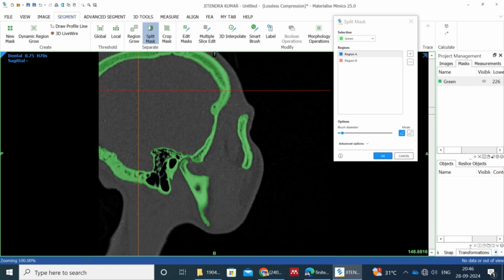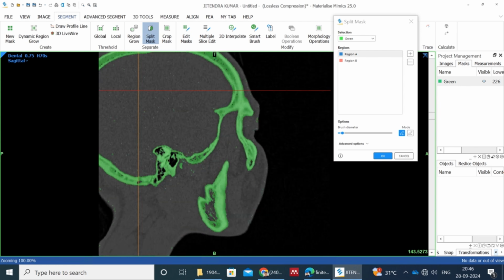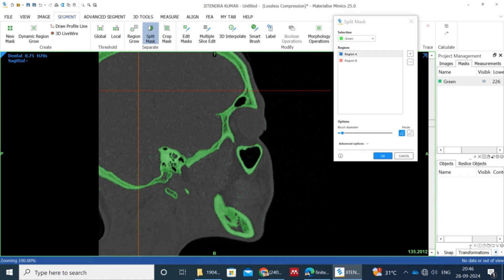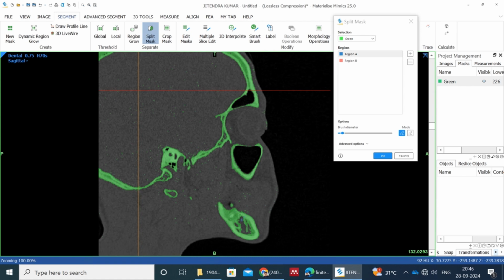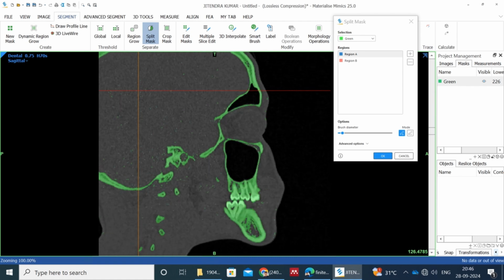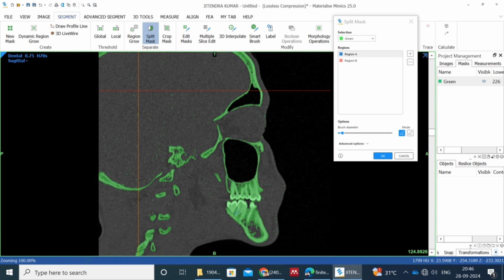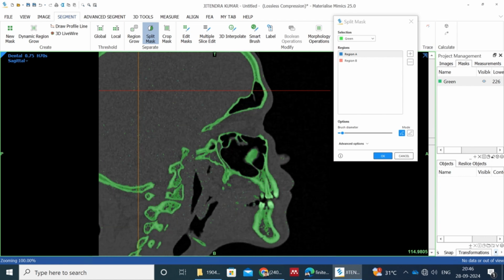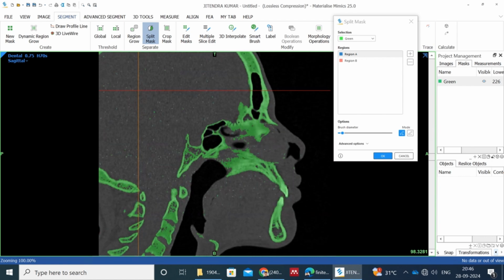Now if we slide over, you will see the various cross sections of the mandible in green color, like this portion, and this portion with the mandible, where some teeth are coming.